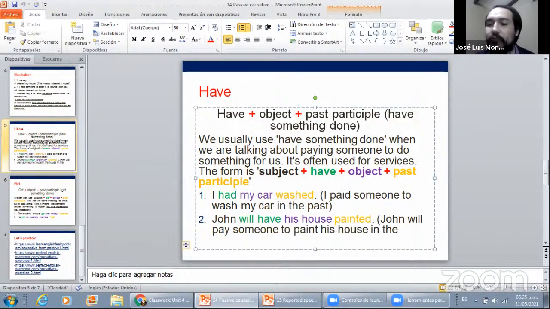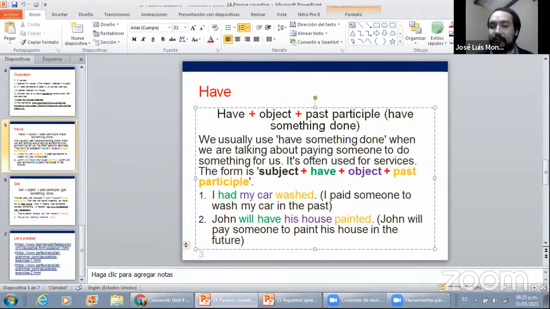And again, this is only for emphasis in the future, because we already have paid, but so that we don't have any questions, all right? I had my car washed. That sentence means I paid someone to wash my car in the past. John will have his house painted. It means that John will pay someone to paint his house, right, in the future.